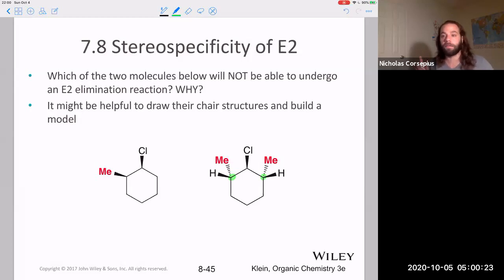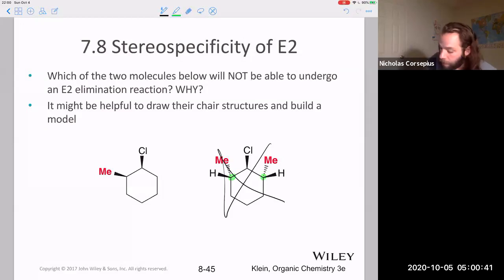You'll never be able to get them basically trans from one another, although trans isn't a good word because it's a hydrogen. But nonetheless, they will never be able to be coplanar for one another. So this would not be able to undergo any E2 reactions.